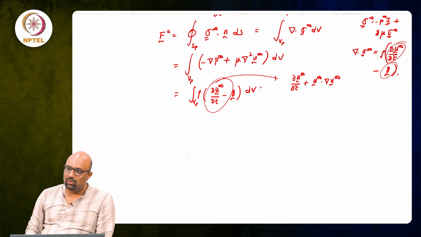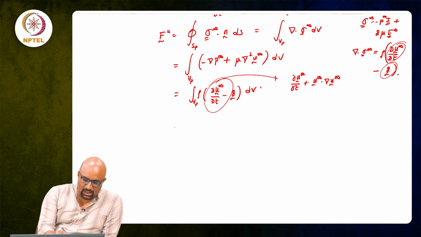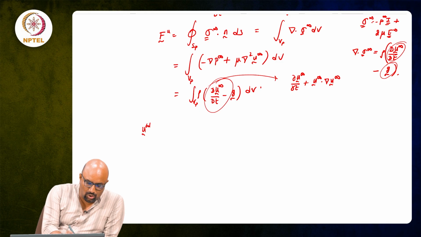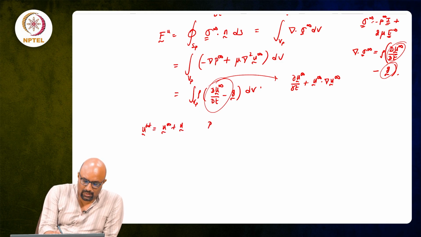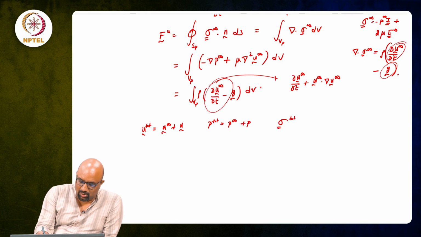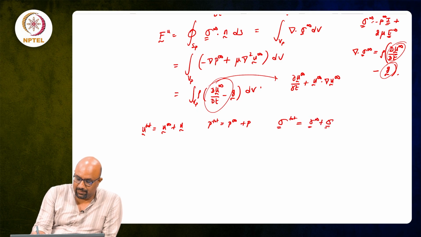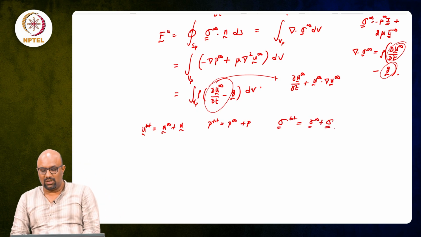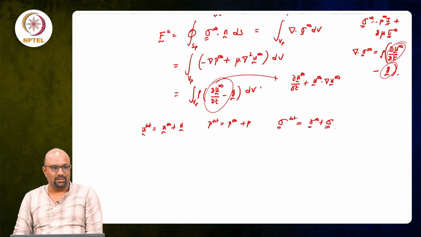Now we move to disturbance. So the disturbance equation: u total is u infinity plus u, p total is p infinity plus p, and obviously sigma total is sigma infinity plus sigma. So everything is split in terms of the background flow and the disturbance.